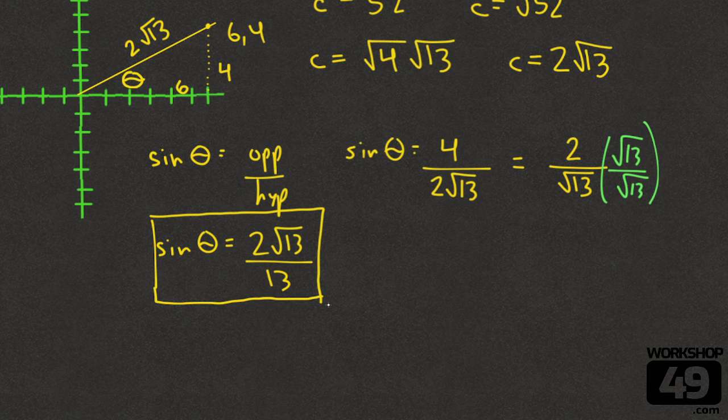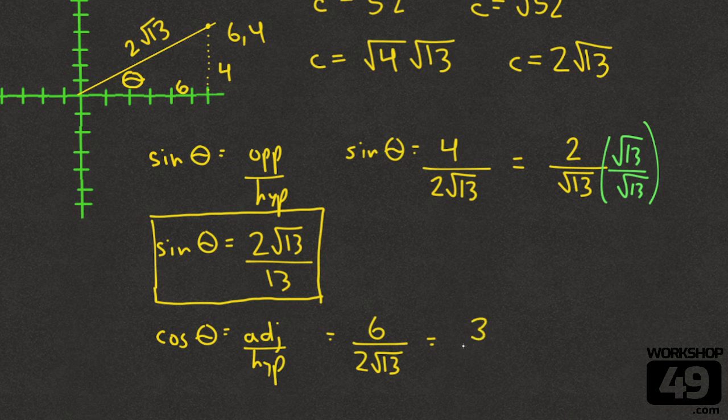Marvelous. Let's go ahead and do our cos. Our cos of theta is going to equal the adjacent side divided by the hypotenuse, which is going to equal, our adjacent side is 6 over 2 root 13. Same as last time, this is going to be reducible with that 6 over 2. This is going to equal a 3 over root 13.